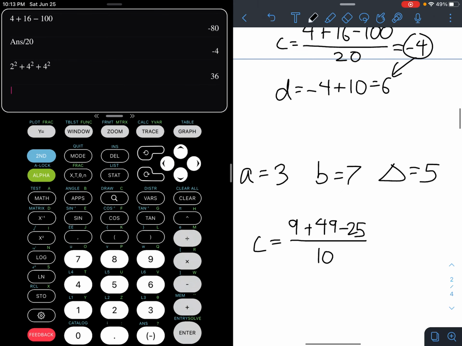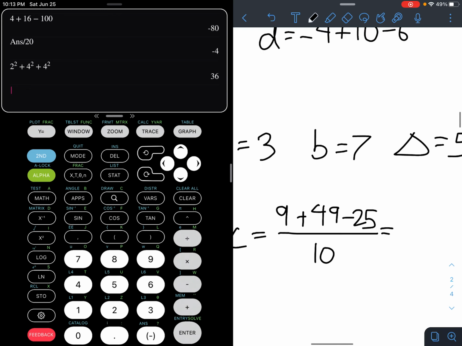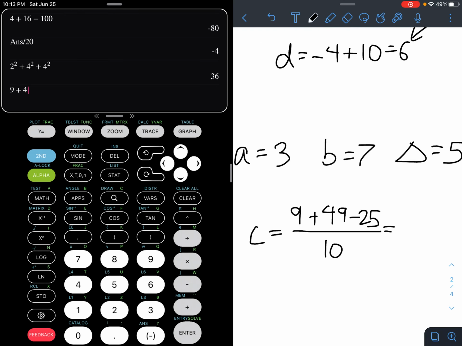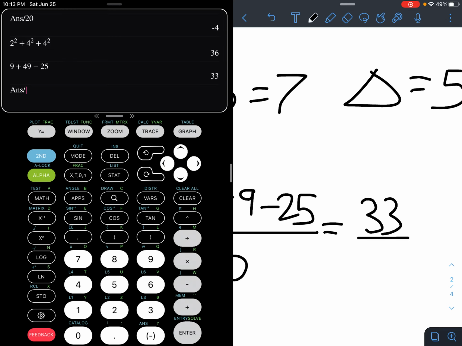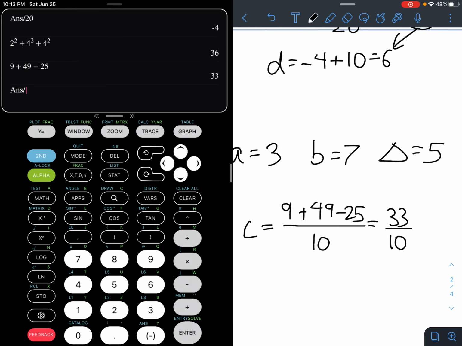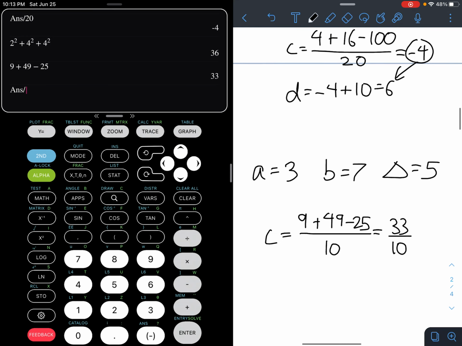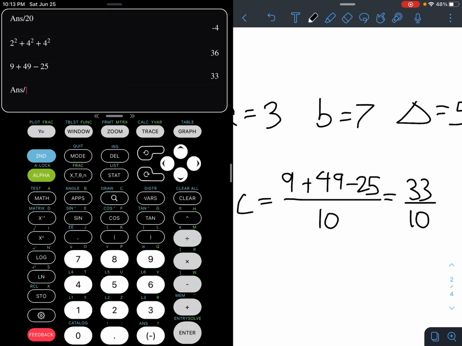Okay? 9 plus 49 minus 25 over 10. Yes, got a fraction. Good. I don't think I've ever been this happy to get a fraction. But this is good because I can show you what happens when you get fractions.